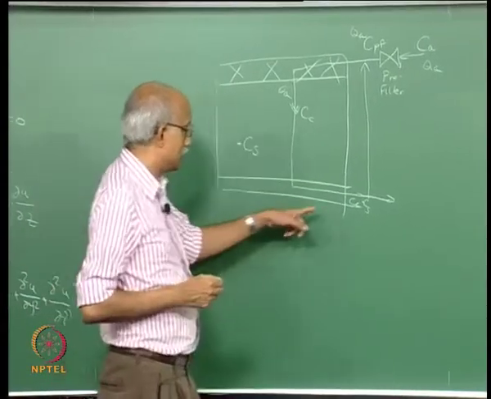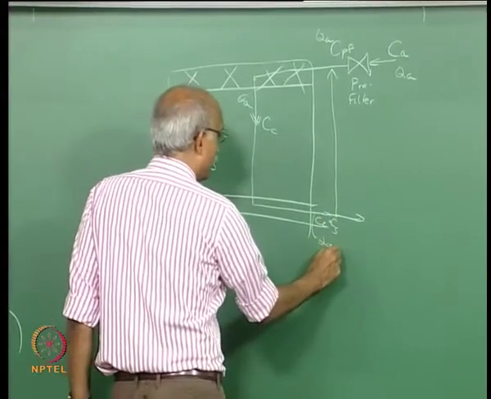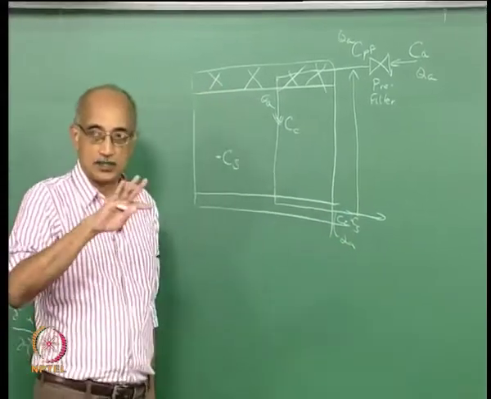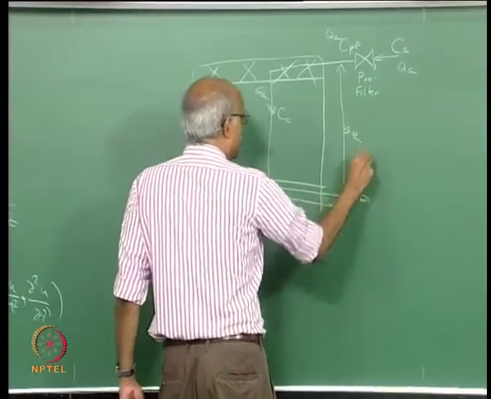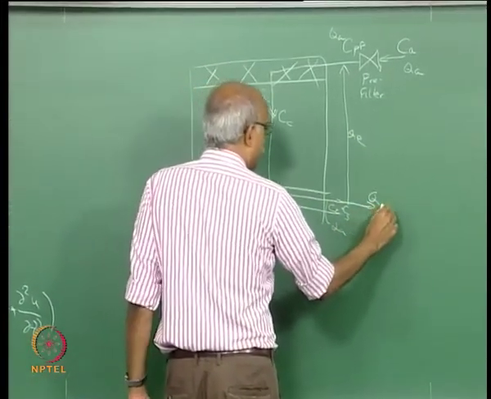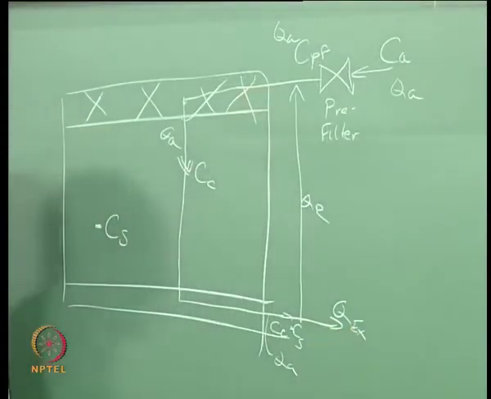So then the outflow at this point is also going to be Qa since it's operating under steady state conditions, but part of that is now going to be recycled and part of that is going to be exhausted. Okay? So here again, what does that mean?